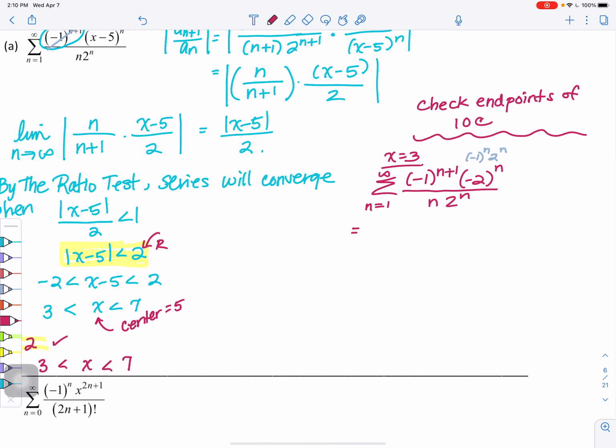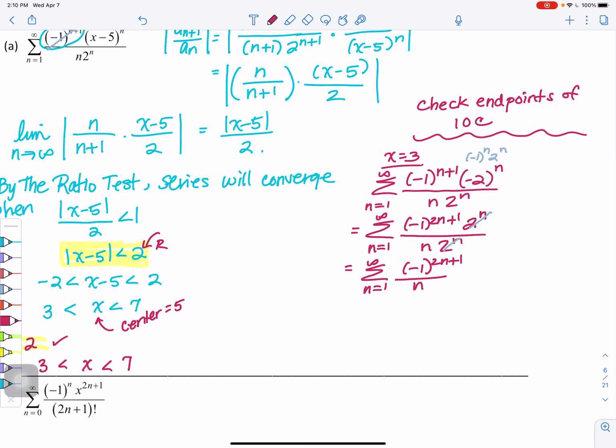So this is actually equal to the sum from n equal 1 to infinity, and now we have negative 1 to the 2n plus 1, and we have 2 to the n divided by n times 2 to the n. As you notice, these will cancel, and we end up with the sum from n equal 1 to infinity of negative 1 to the 2n plus 1 all over n.